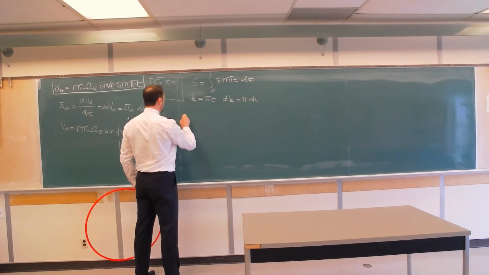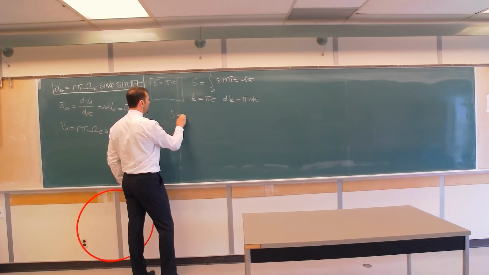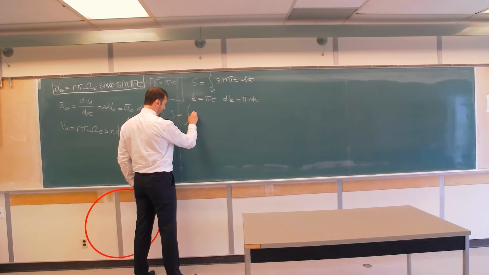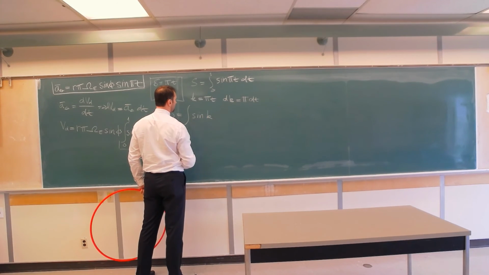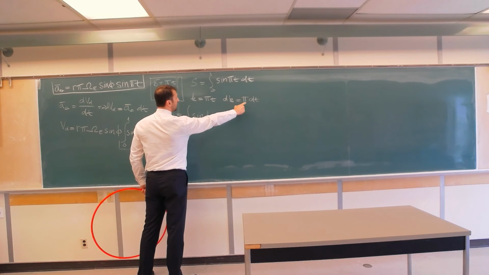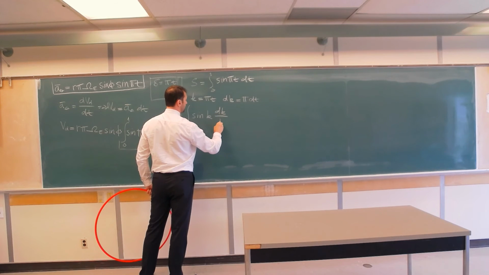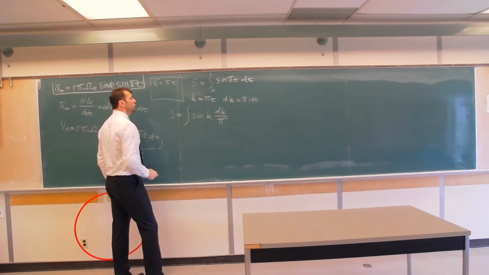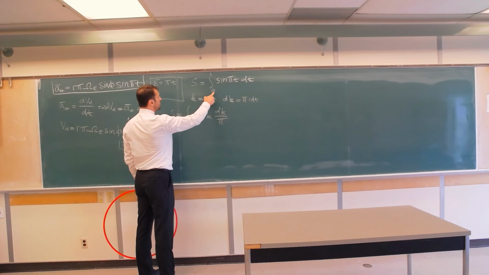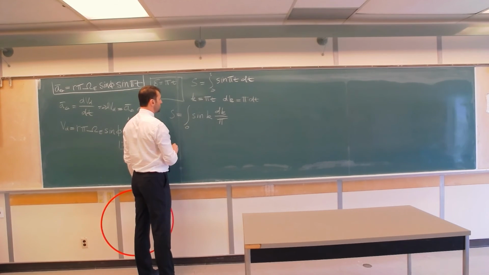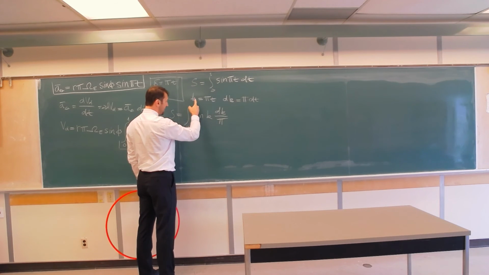Now, plugging that in our integral S, we get the integral of sine, where pi t is k, and dt will be dk over pi. And what are the new limits? Well, when t is 0, k is 0. When t is 1, k is pi.